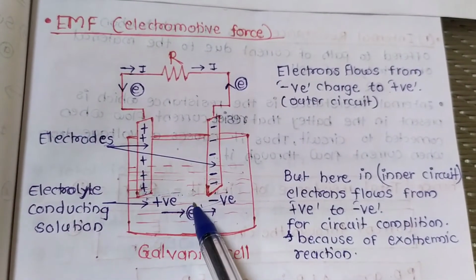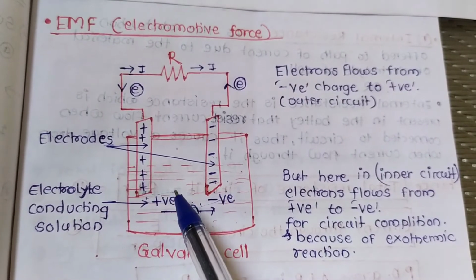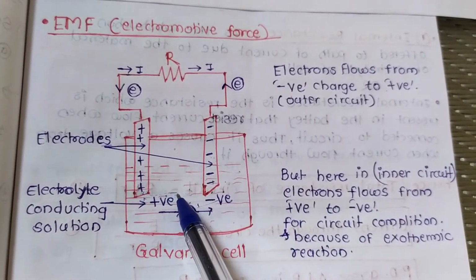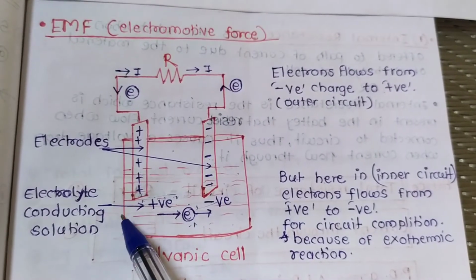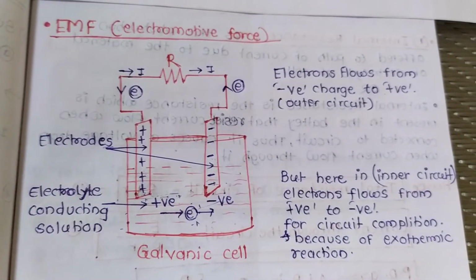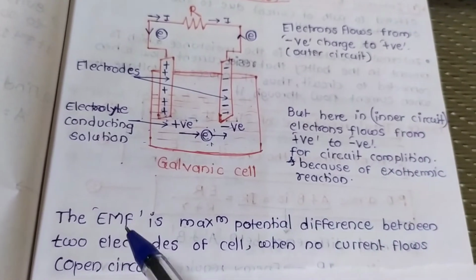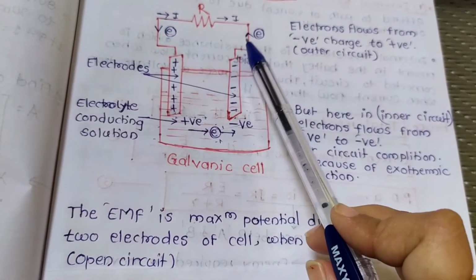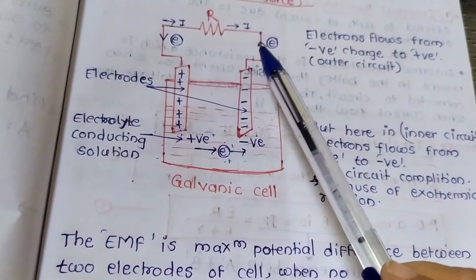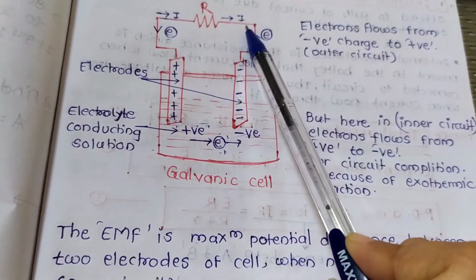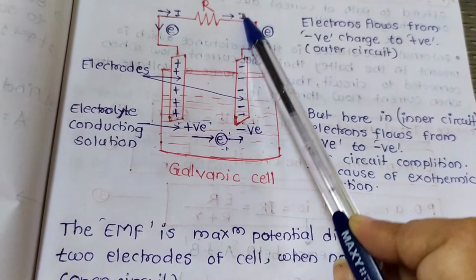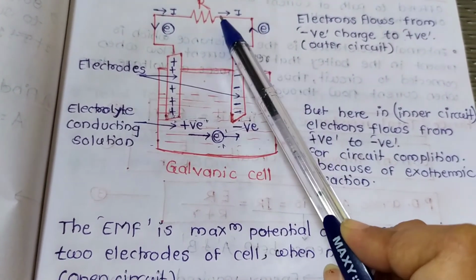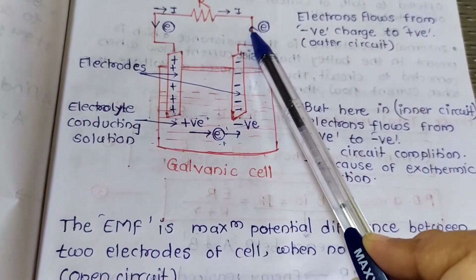And why is this? Because of the exothermic reaction of the electrolyte conducting solution. Now the definition: when the circuit is open, let this be cut, then current cannot flow.